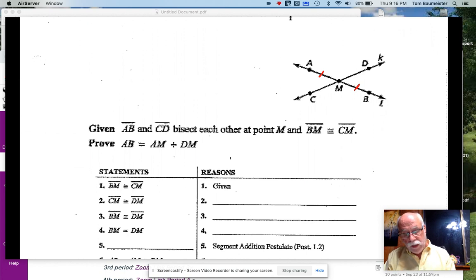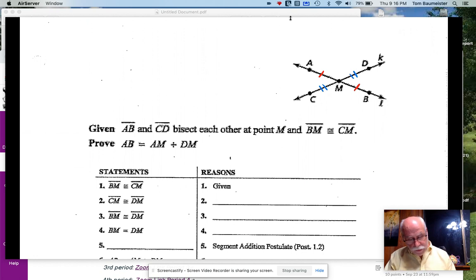They told us AB and CD bisect each other. So we can then say that AM is equal to MB. And the other one would be CM is equal to DM or MD. Either way, I think it says DM. All right. Notice I have those marked.